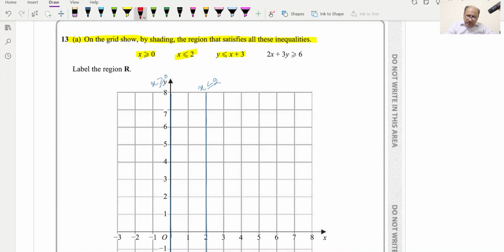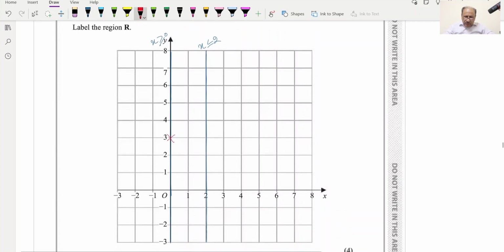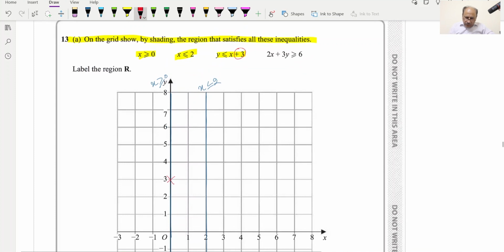So it is passing through the y-intercept, which is 3, and having a gradient of 1. A gradient of 1 means 1 unit right, 1 unit up, or 2 units right, 2 units up, so we can take this point and draw the line like this.